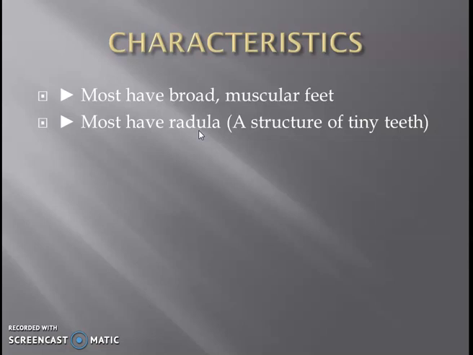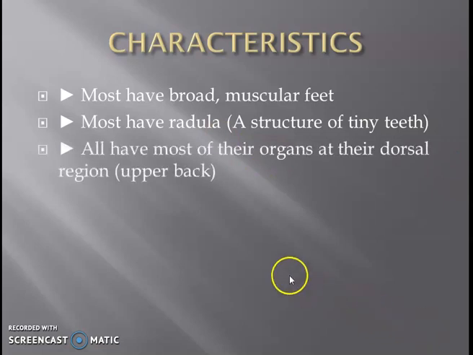Sometimes they don't have teeth, but they have a teeth-like structure that is called a radula, which they use to cut the food that they eat. They are visible by the naked eye, and most of their organs are at their dorsal region. Dorsal region means the upper back.